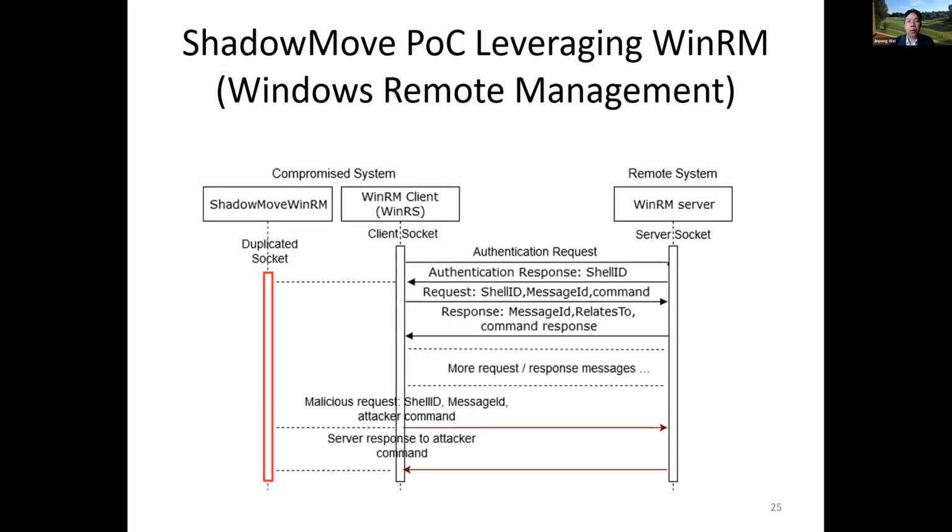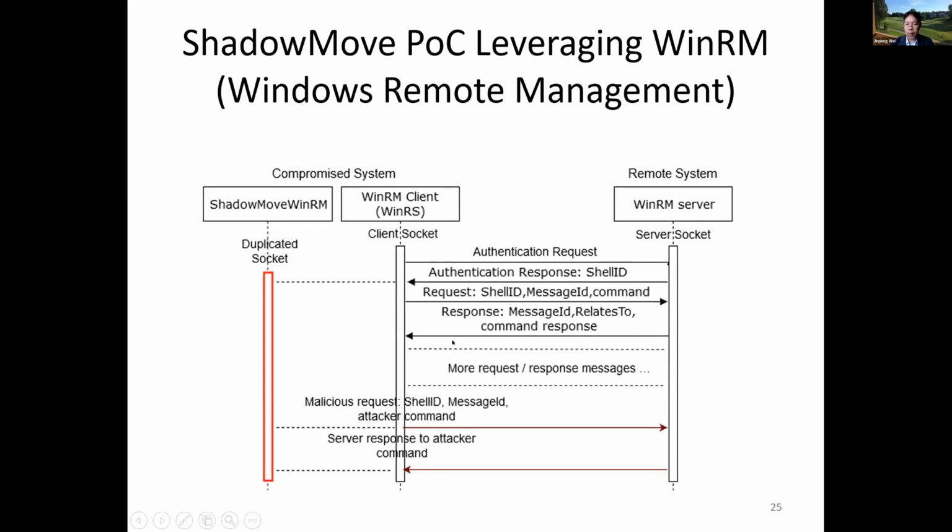Okay, so basically I'm talking about this, right? The shell ID is only generated by the server and then sent back to the client during the authentication phase, right? So if the ShadowMove malware is launched later than that, that is, after this legitimate authentication, then the ShadowMove will not have a chance to learn this shell ID.